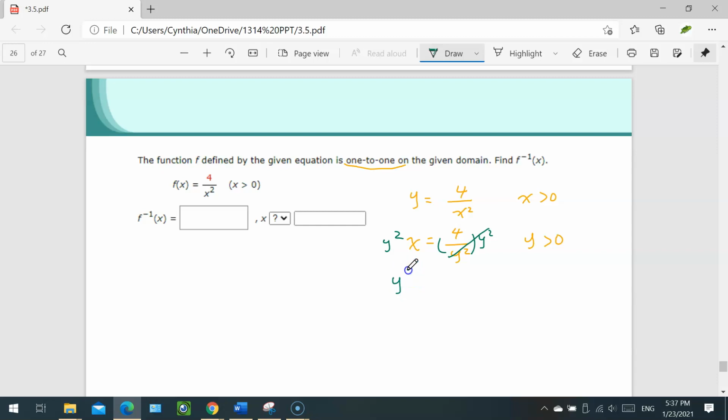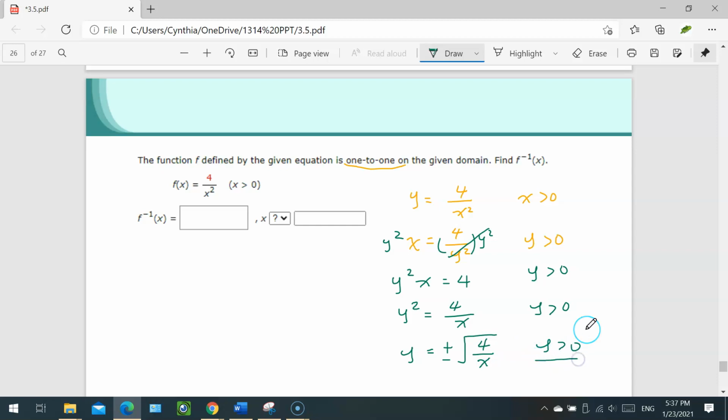So y squared x is equal to 4. Again, y is greater than 0. So now y squared is equal to 4 over x, y greater than 0. So y is equal to plus or minus root of 4 over x. y is greater than 0.